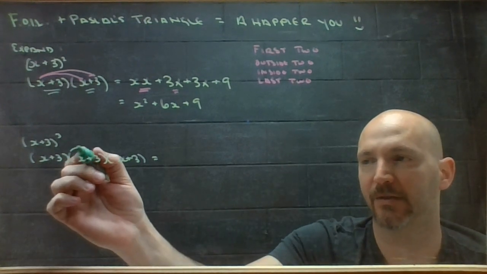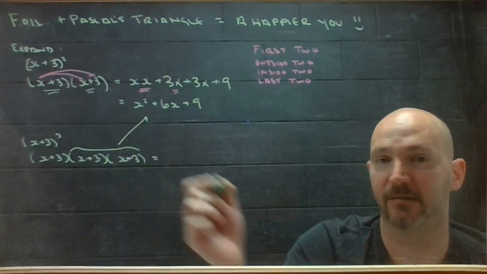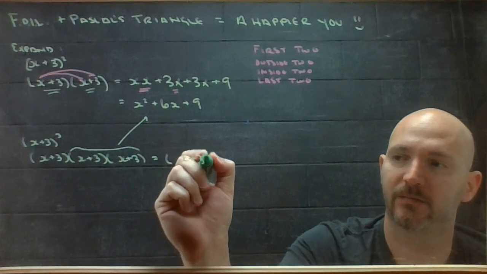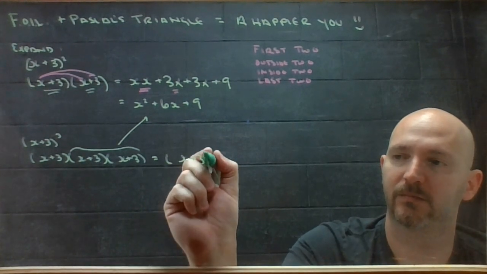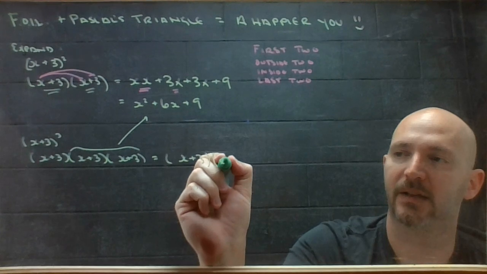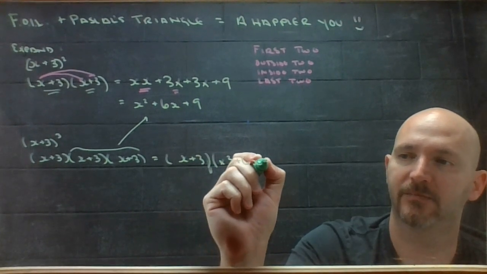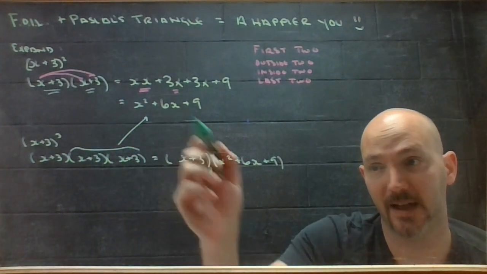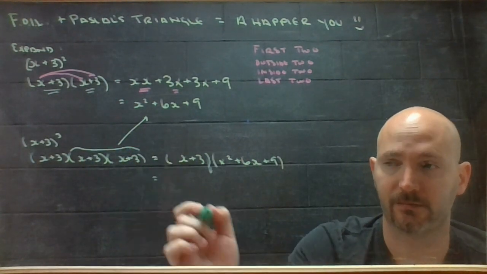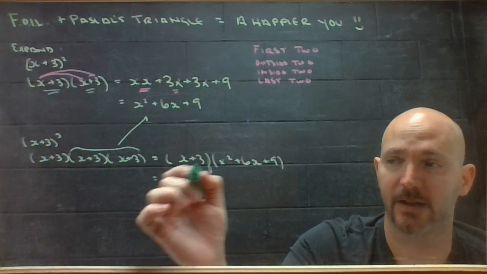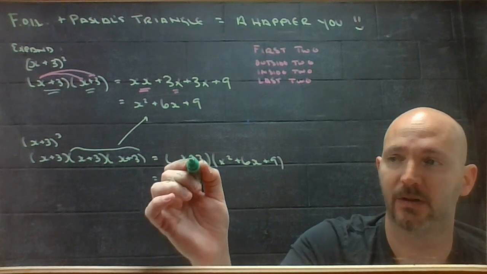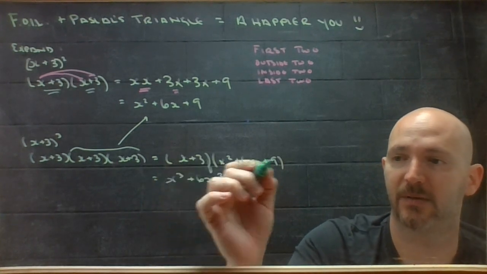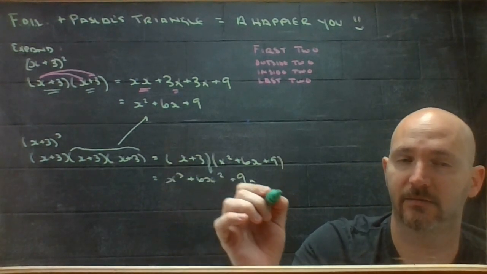I know this much is this. So x plus 3 squared would be x squared plus 6x plus 9. So to do this, you're going to have to do all this work, get your answer, and then do x with an x squared is an x cubed, and x with a 6x is a 6x squared, and x with a 9 is a 9x.